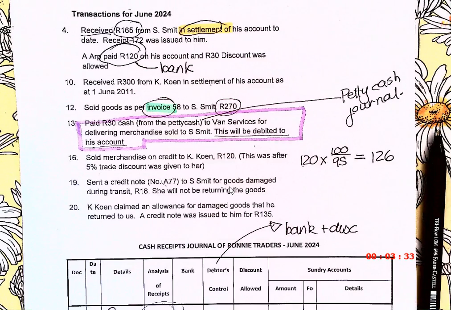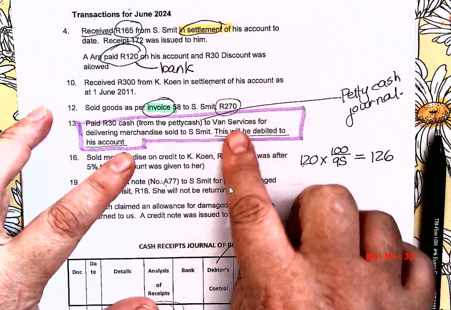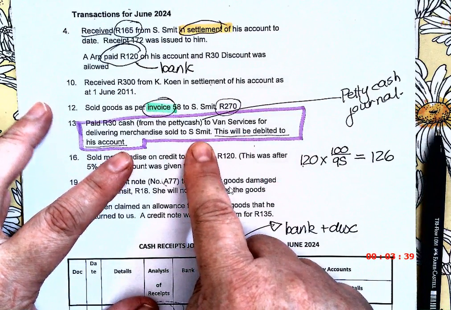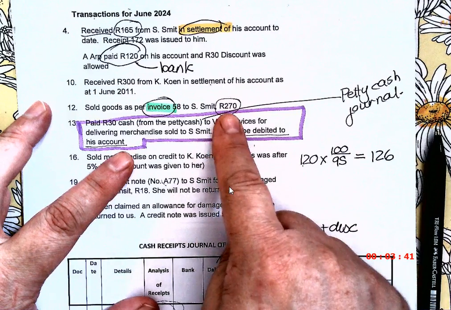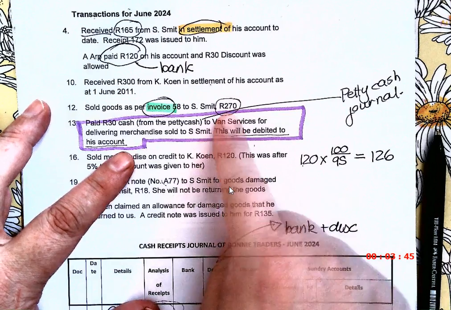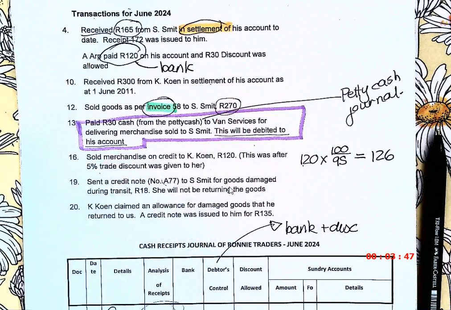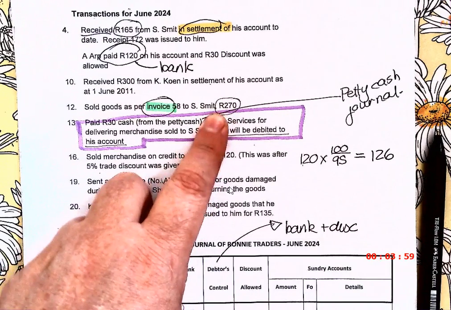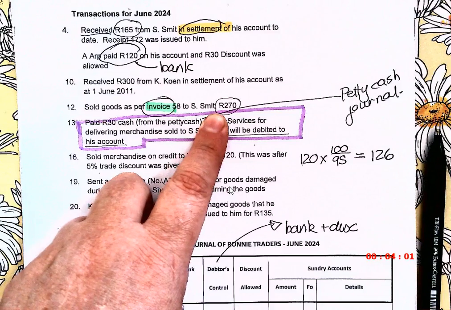Now what happened in this case is that Mr. Smith bought goods from us and we had to deliver it to him. Remember what we said, whose responsibility is it to have goods delivered? It's the person who owns the goods. In other words, the moment Smith bought the goods, it became his property.